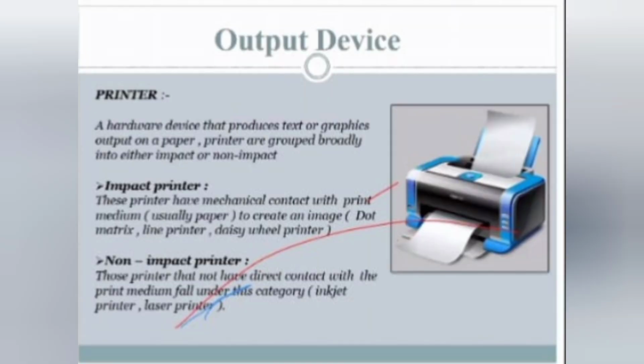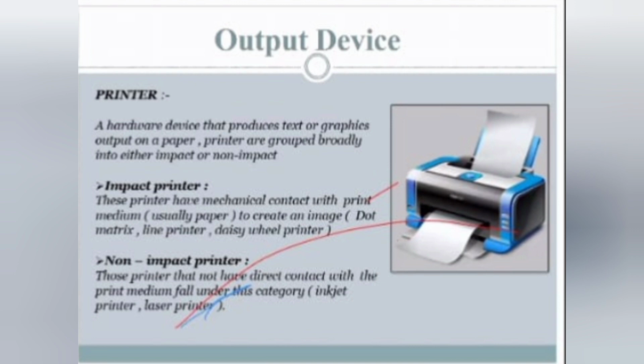And next we have another slide. We'll go with output devices, and in output devices you can see examples such as printers. Printers are again classified into impact printers and non-impact printers. What is it exactly? A hardware device that provides graphical output.